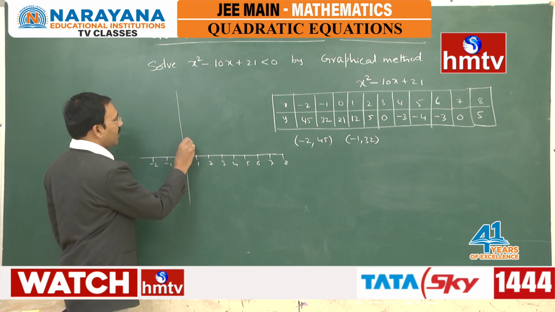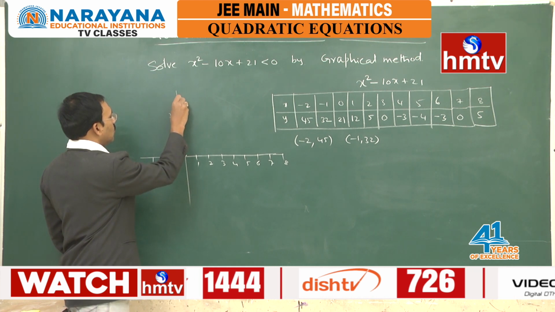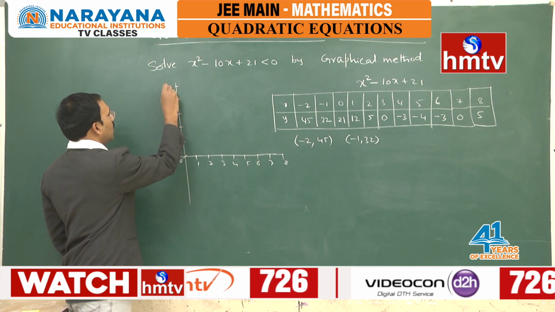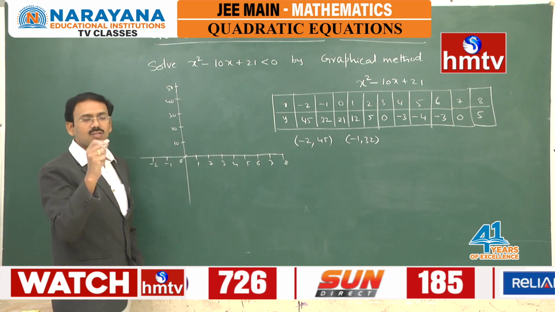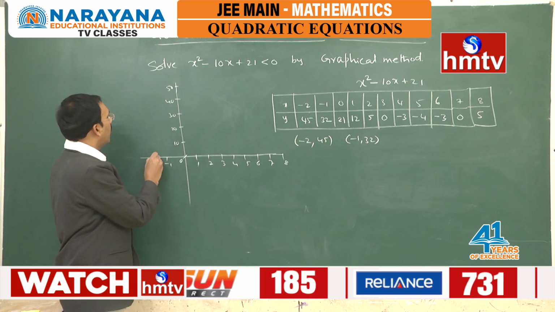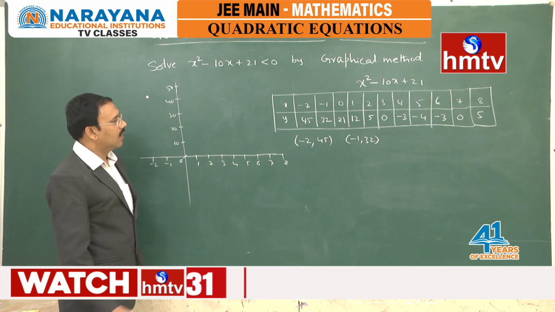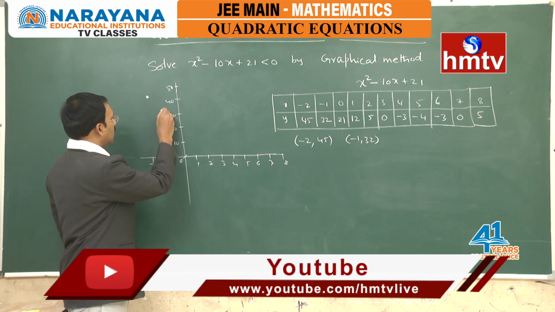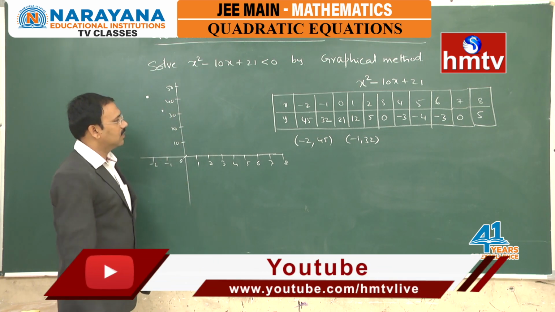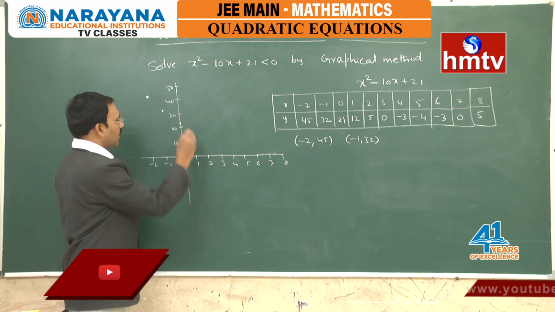Let the scale be 10, 20, 30, 40, 50 on the y axis. Now, the point is minus 2 comma 45. Minus 2 comma 45 would be somewhere here. Minus 1 comma 32 will be here. 0 comma 21. At 0 it is 21.